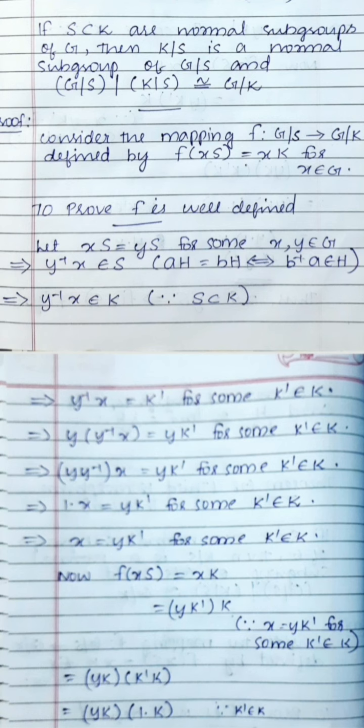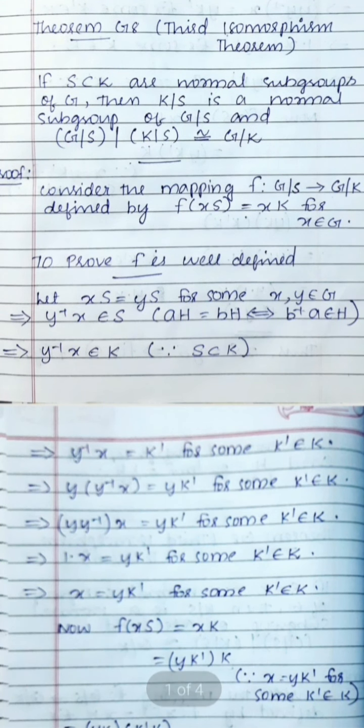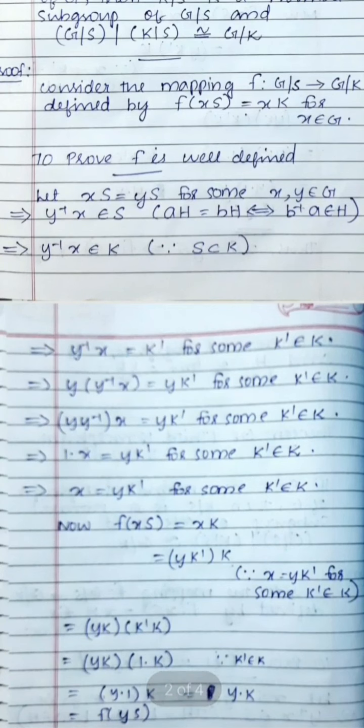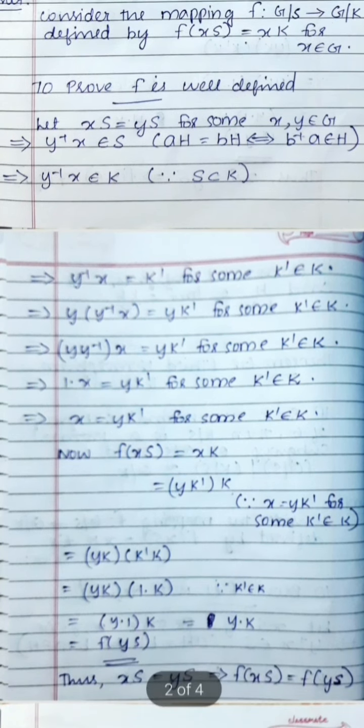We are given in the statement itself that S is a subset of K, that is, S is contained in K. So instead of S we can write K, that is, y inverse x belongs to K since S is contained in K. I am taking y inverse x equal to some k dash, where k dash is in capital K. Now multiplying y on the left side, y into y inverse x is equal to y k dash.